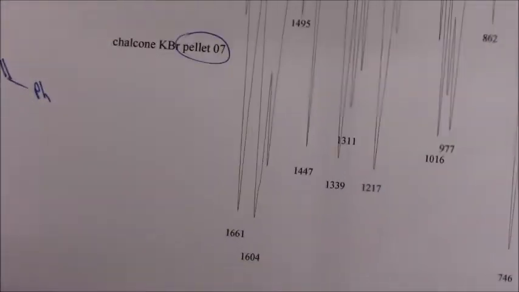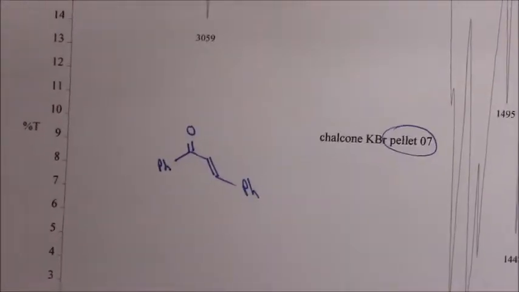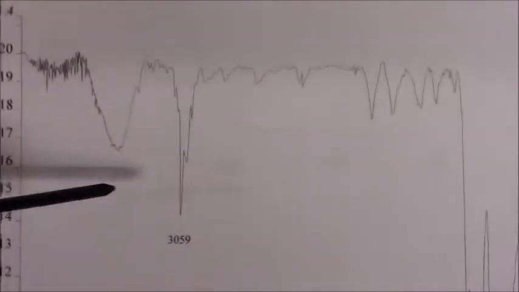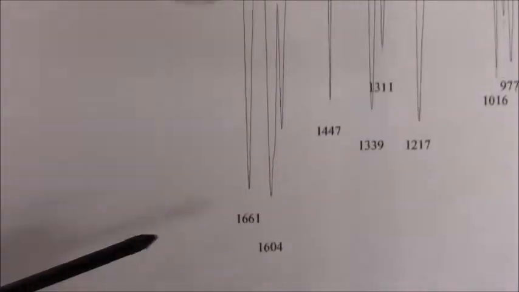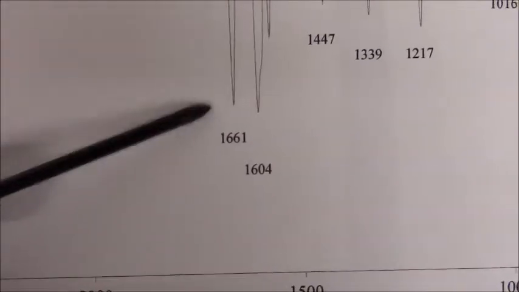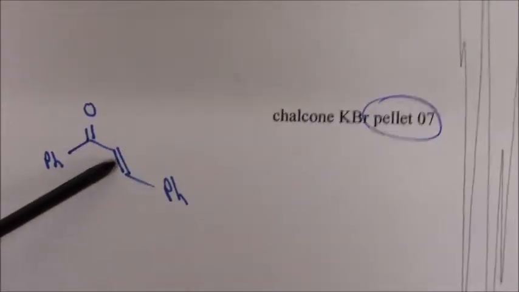So for IRs, I already assigned this one, chalcone. You can definitely see that right here we've got an sp2 hybridized carbon with a hydrogen stretch. This one is likely to be the carbon-carbon double bond stretch, that one right there.